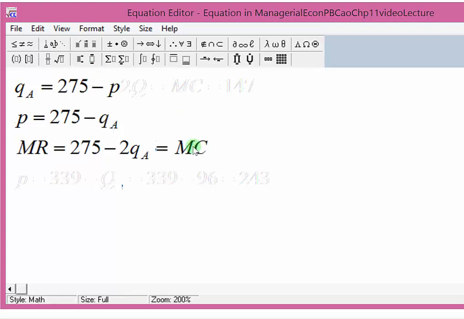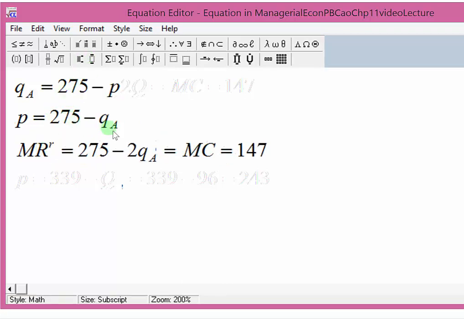Again, the marginal cost curve is still 147. Now, to maximize profit, American Airlines would need to equate this residual marginal revenue curve with its marginal cost curve.